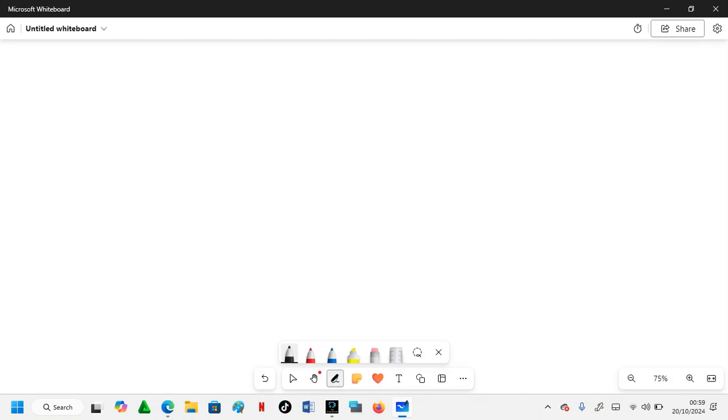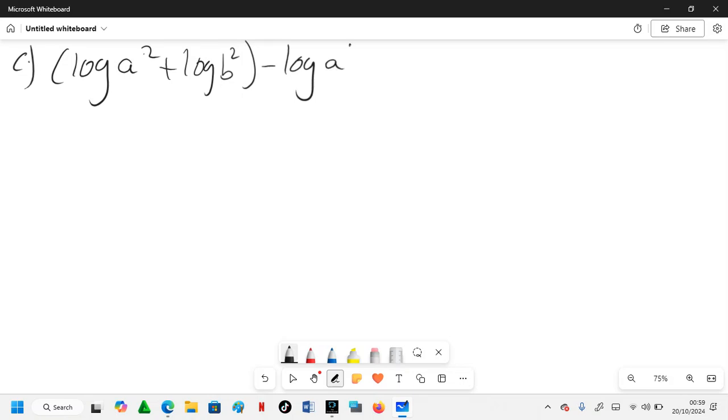Alright, let's have another one. Let's call it 6. The log of a squared plus the log of b squared minus the log of ab. You notice the moment you have the laws of logarithms at your fingertips, it just becomes easy to solve them.